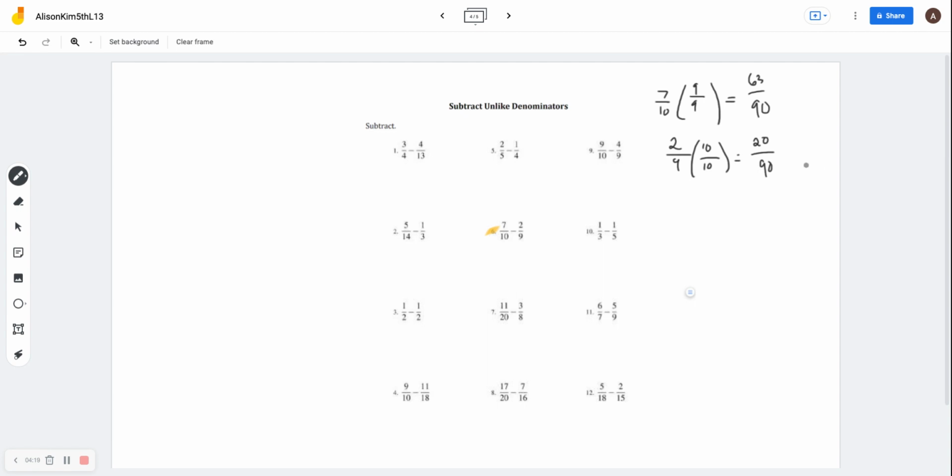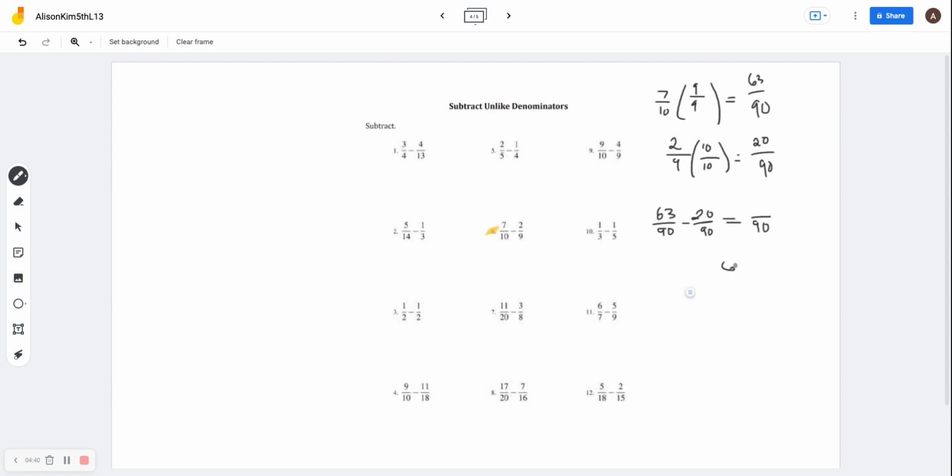Since 7/10 was in front, we're going to put 63/90 in front and subtract it by 20/90. And we see that both now have the same denominators, so we can just subtract the numerators because the denominators will stay 90.